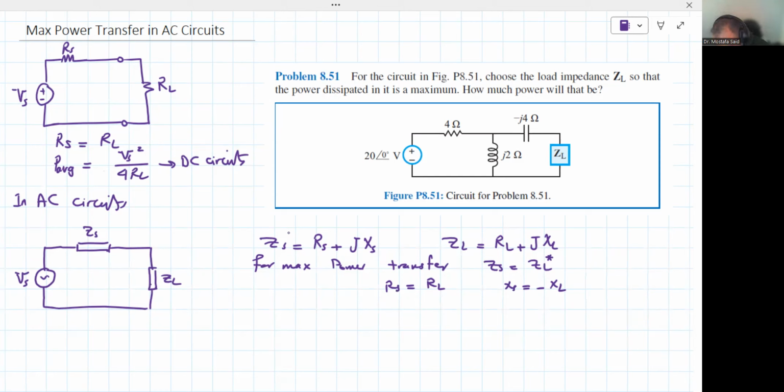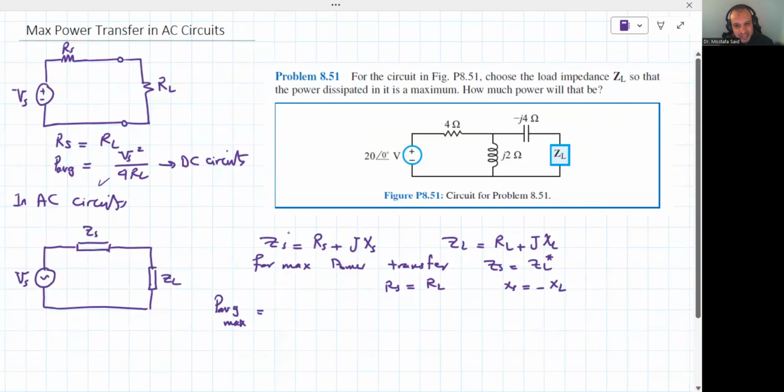That's the condition. At that time, the maximum average power will be a very similar equation. But remember, in DC circuits, RMS is actually the case. Here we have a variable, we have amplitude V maximum cosine omega t, and the VRMS is equal to V maximum over square root of 2.